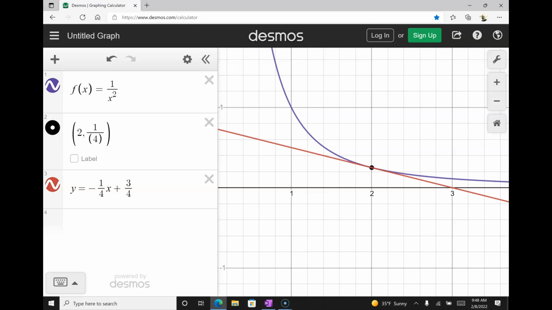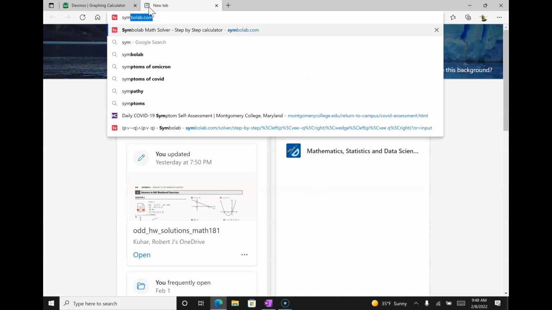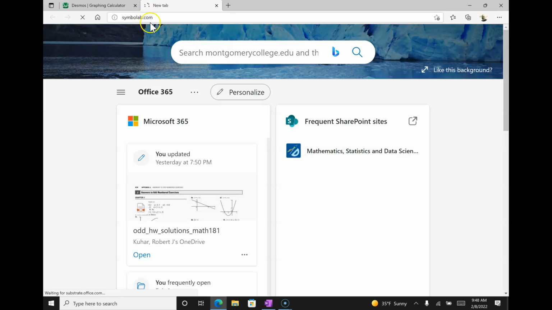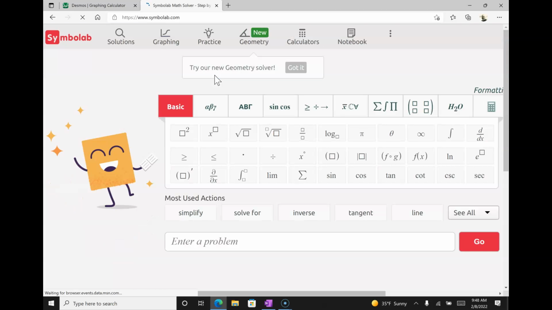There's lots of programs that will do it for you, but I like Symbolab. I actually like Wolfram Alpha, which is a web version of a program called Mathematica.